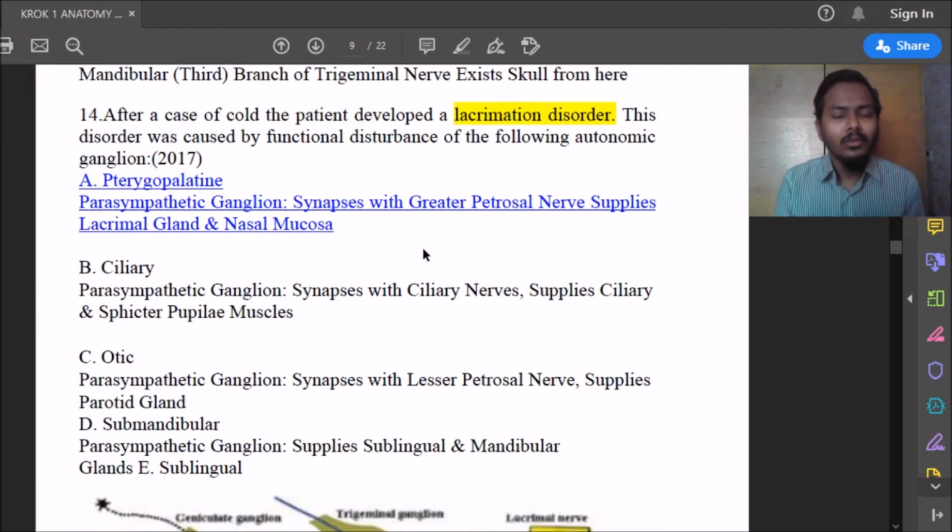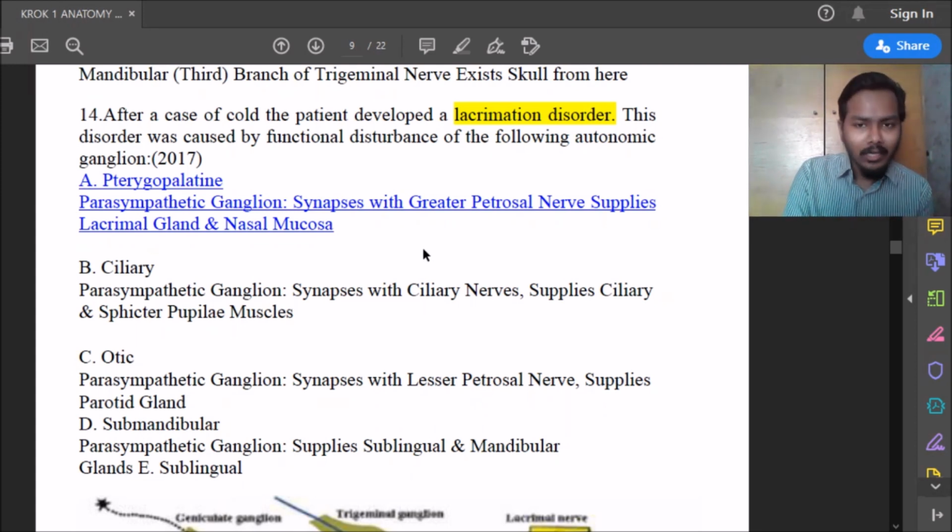After a case of a cold, a patient developed a lacrimation disorder. This disorder was caused by a functional disturbance of which autonomic ganglion? For the lacrimal gland, you have to know the innervation. The lacrimal gland has a parasympathetic ganglion innervation, the pterygopalatine ganglion, which synapses with the greater petrosal nerve and supplies the lacrimal gland and nasal mucosa.